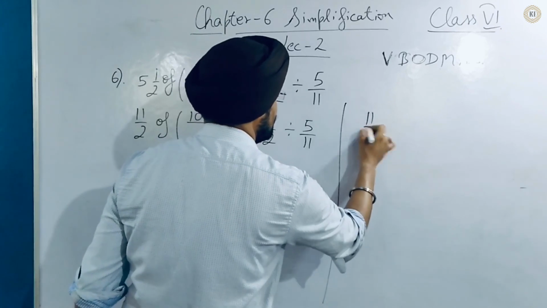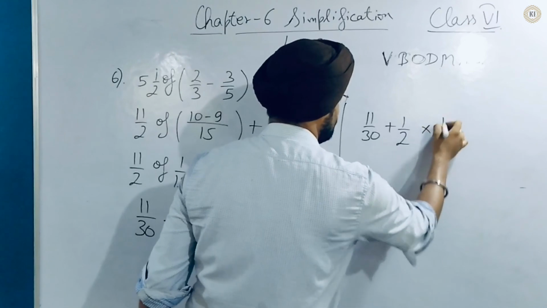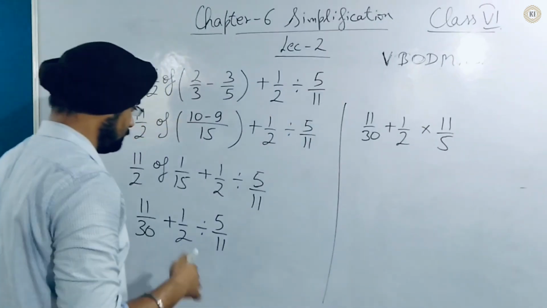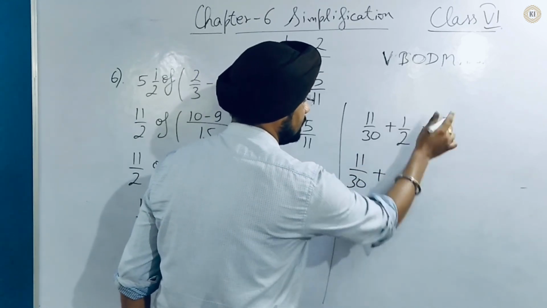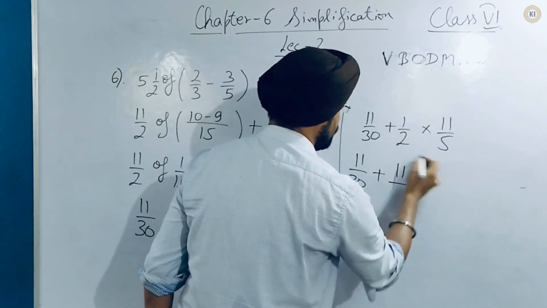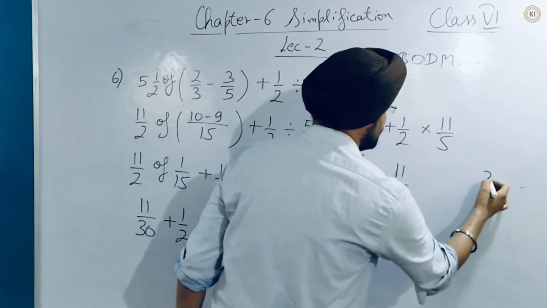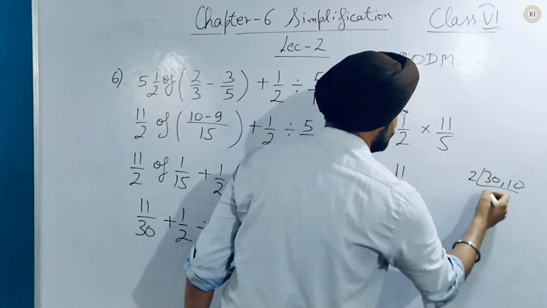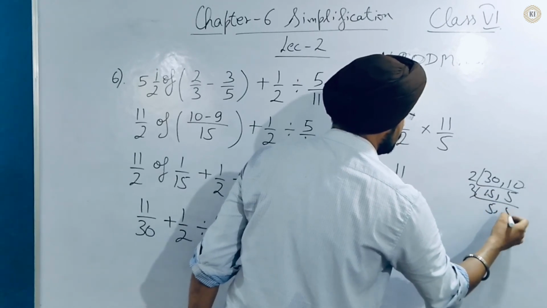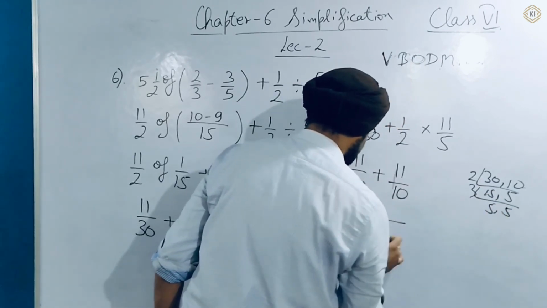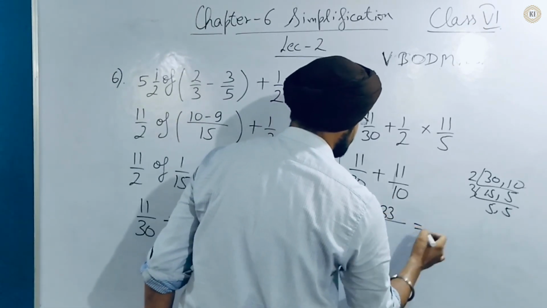So it will be 11 by 30 plus 1 by 2 multiply 11 by 5. Now nothing will be cancelled, so 11 by 30 plus 11 upon 2 5s are 10. At the last we are going to add this, take out the LCM of 30 and 10. LCM will be 30 here, it will come 11 plus 3 11s are 33.